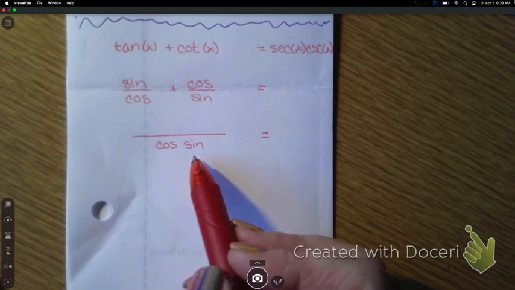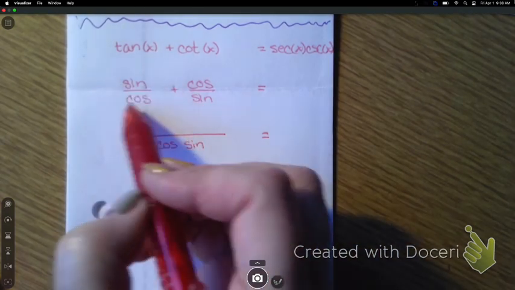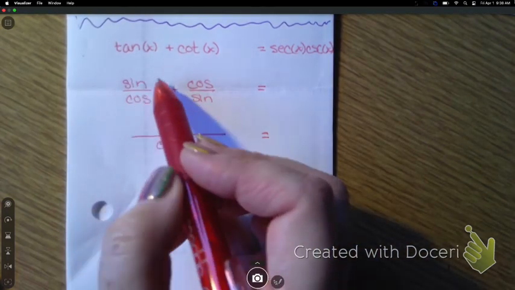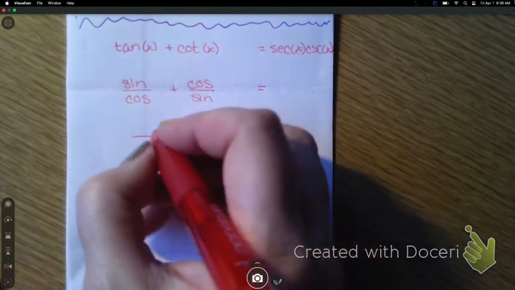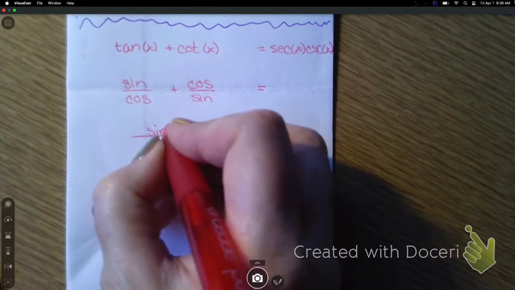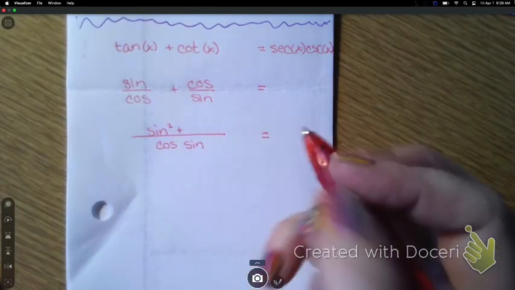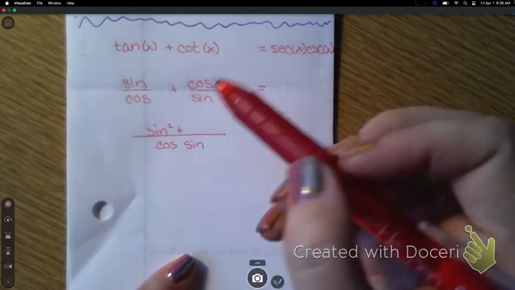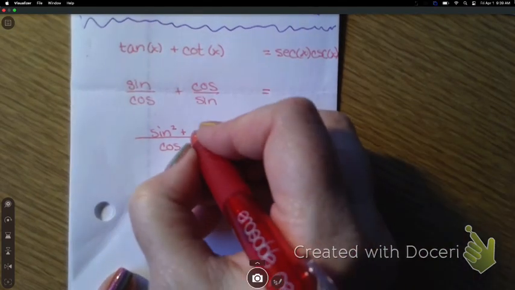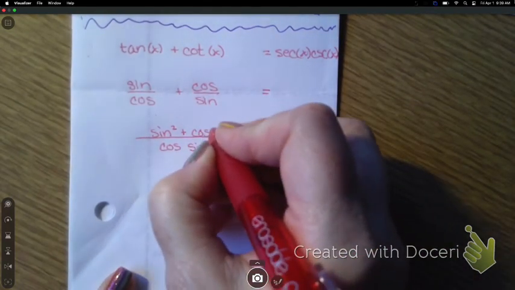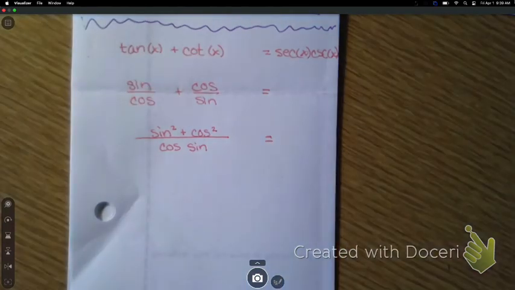Yes. Okay, so we multiplied this fraction by what? Sine. So sine times sine is sine squared. Plus cosine squared. What do I need to multiply the right by? Cosine. So I get cosine squared. You should start feeling excited here.